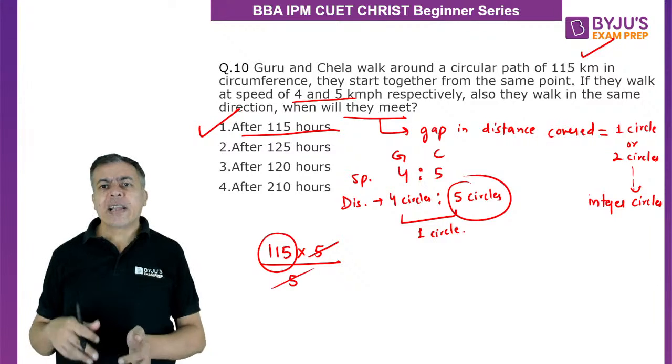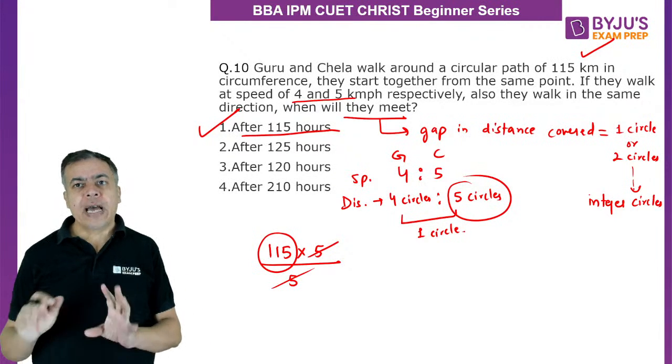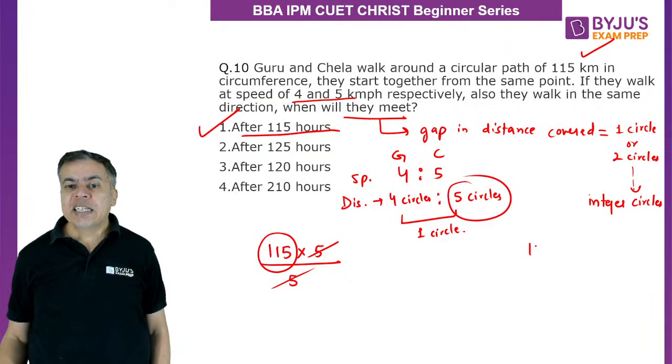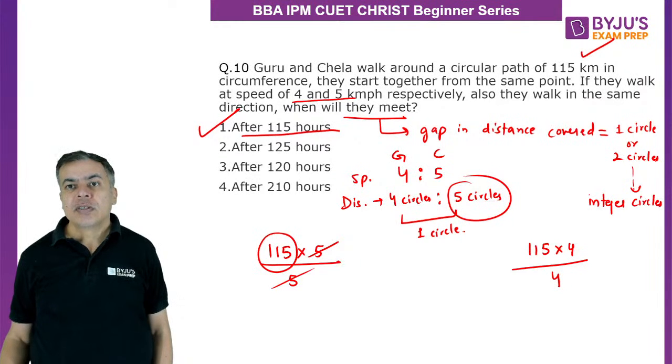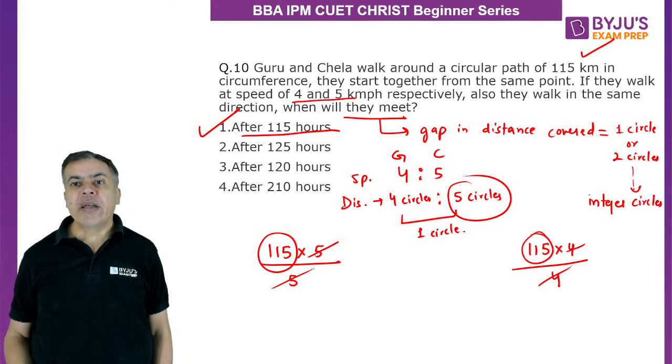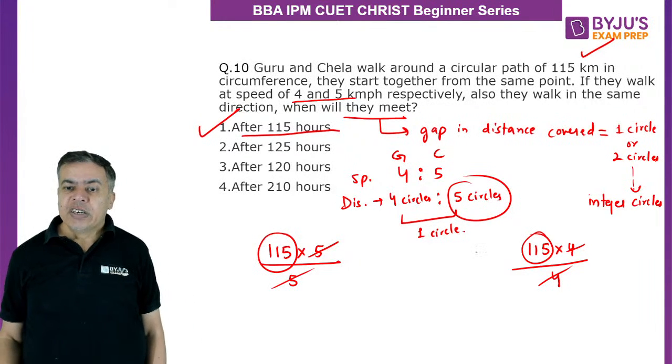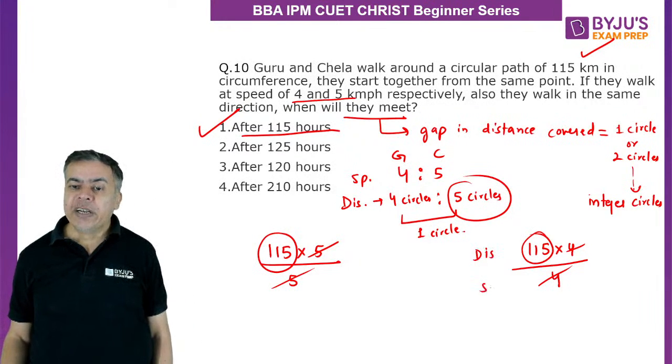If you calculate with the help of Guru also, it will be the same. Because when Guru covers 4 circles, his distance will be 115 into 4 and the speed will be 4. So it also will be 115 hours. Distance by speed.